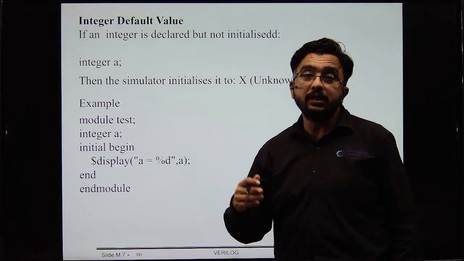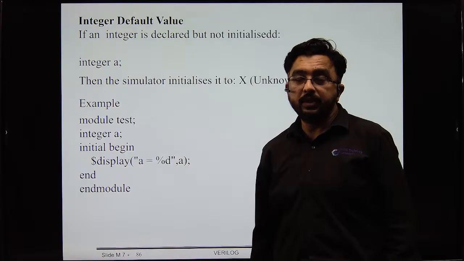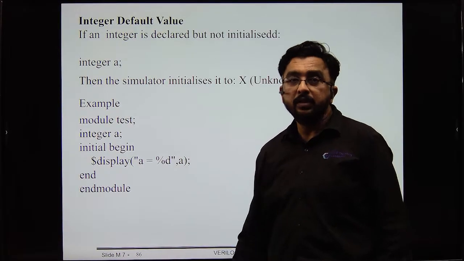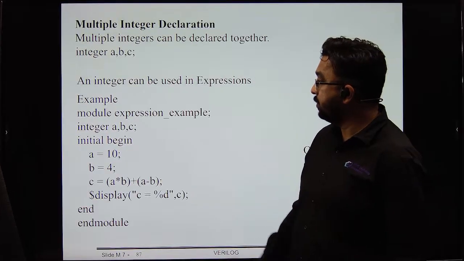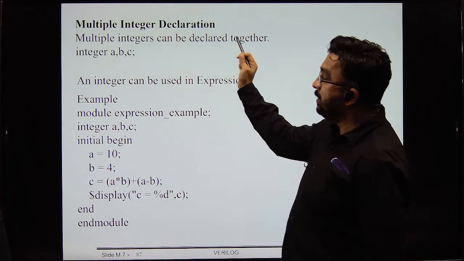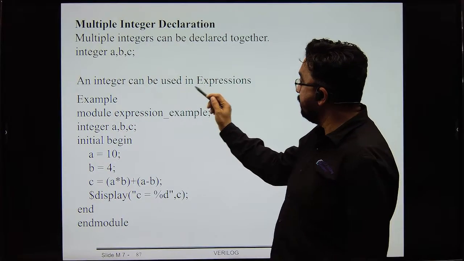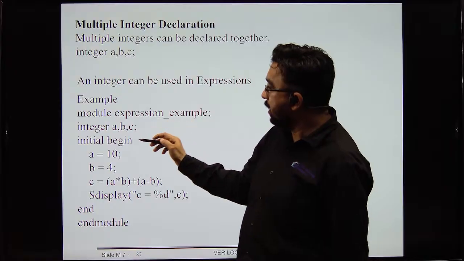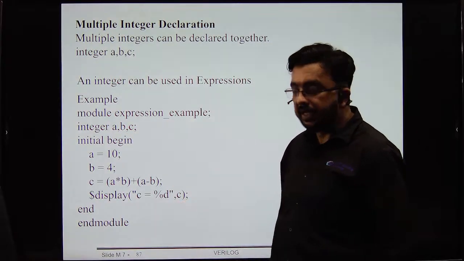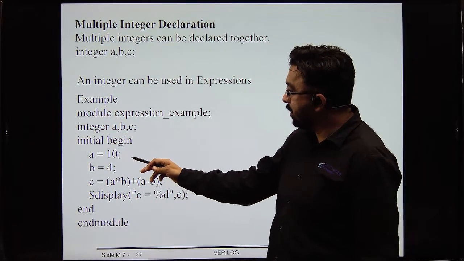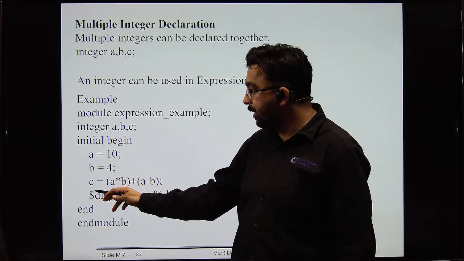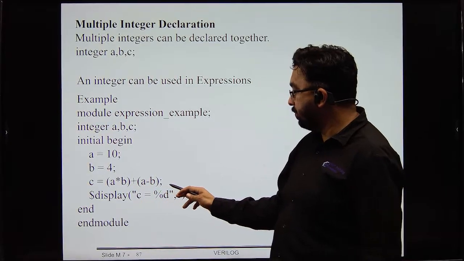If I call three or four integers, or more than one integer, how is it possible? So again, the multiple integer declaration. Integer can be used in expressions. As one example, integer a, b, c, where I have given initial values a = 10, b = 4, and I have performed this operation on c.